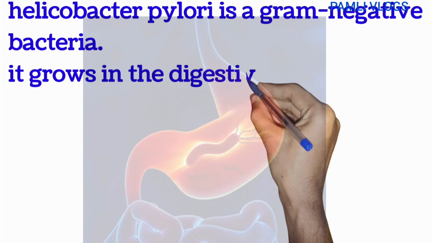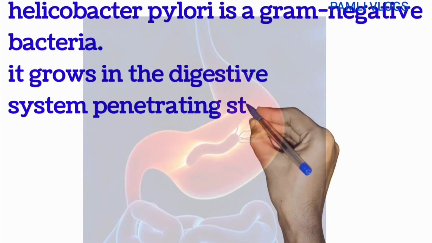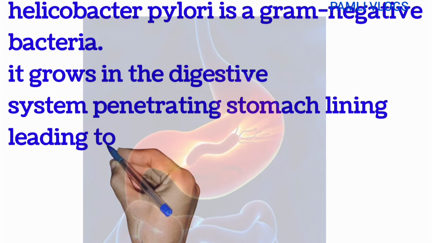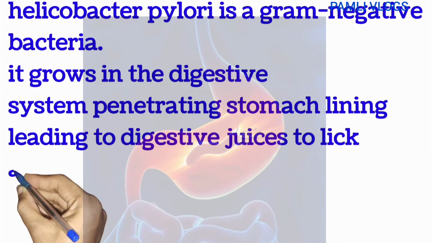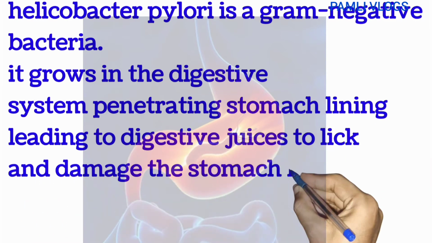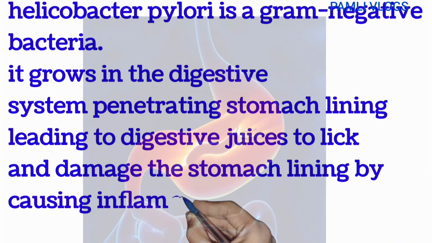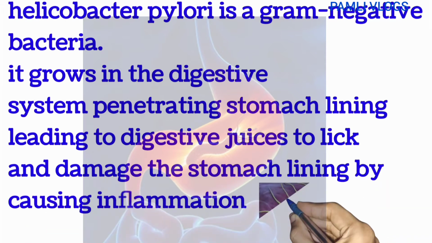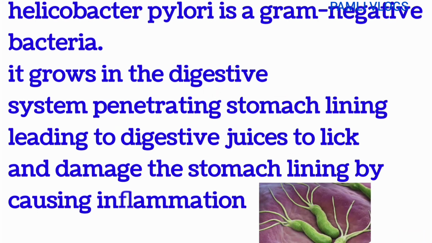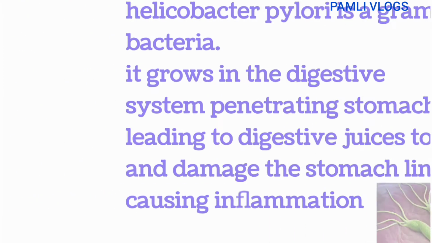Now, Helicobacter pylori is a gram-negative bacteria. It grows in the digestive system, penetrating the stomach lining, leading to digestive juices leaking and damaging the stomach lining, causing inflammation. And this is a brief diagram of how Helicobacter pylori looks in the stomach.